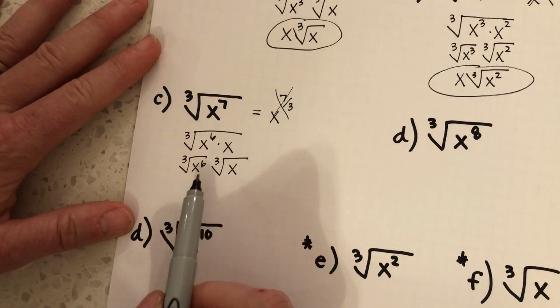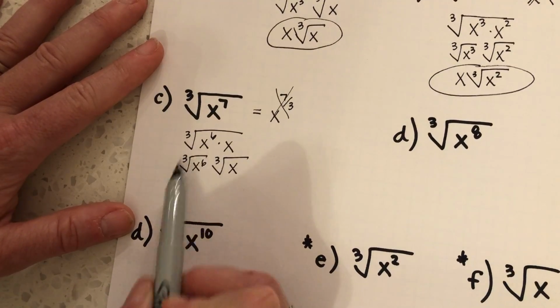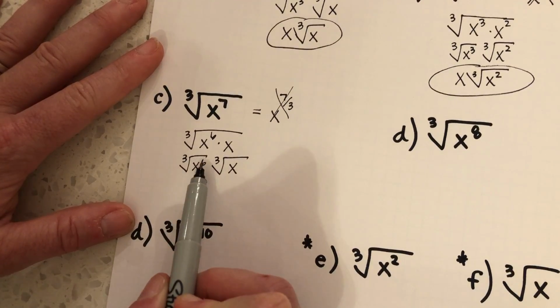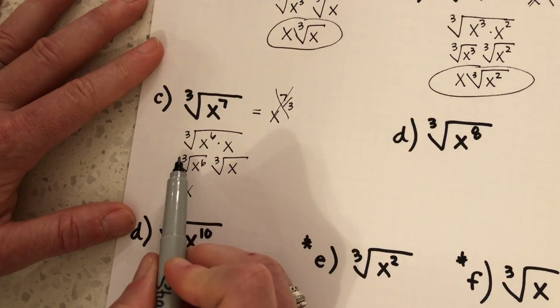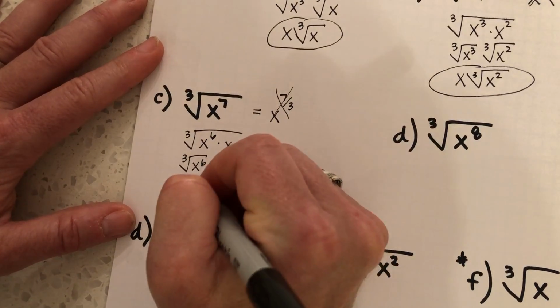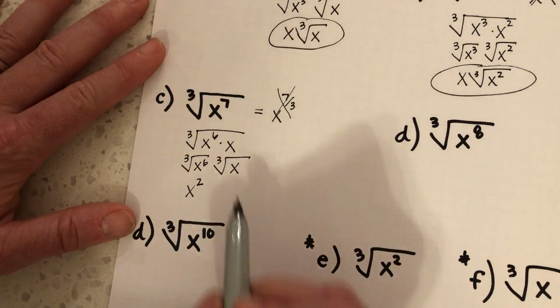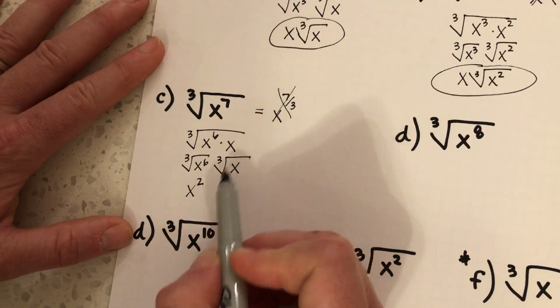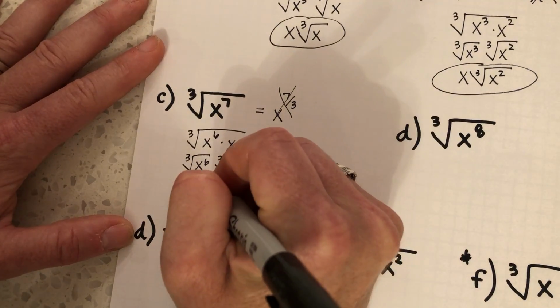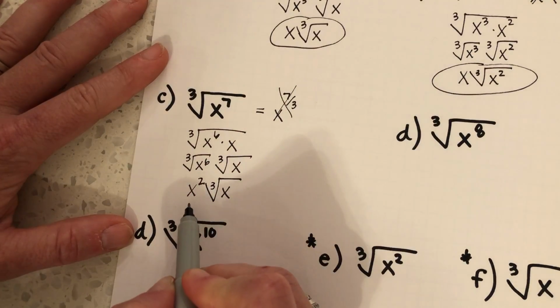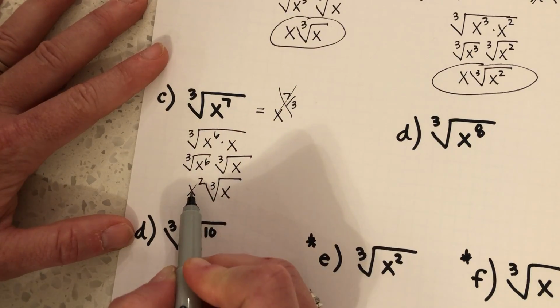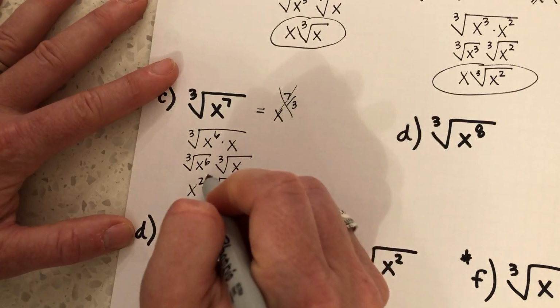Well, this power will divide by 3, so I can do this one. The third root of x to the 6th is x to the 6 divided by 3, which is 2. So that's x squared. And then I can't take the third root of x. It's the leftover part, so it just stays the third root of x. So this simplifies to x squared times the third root of x.